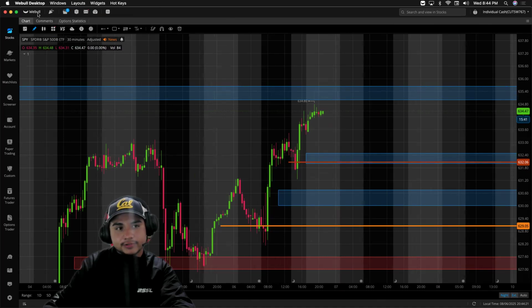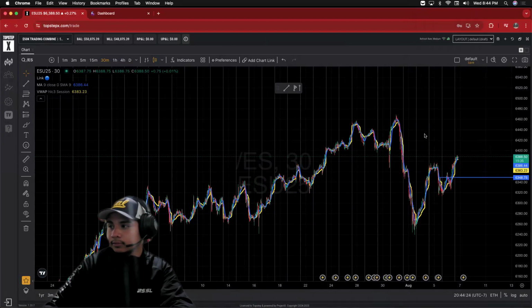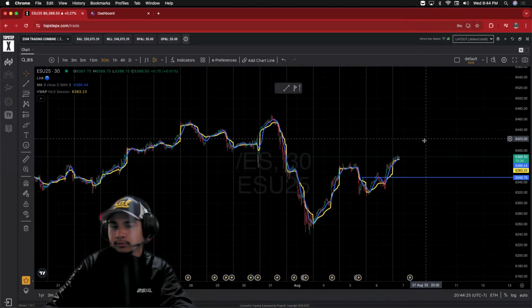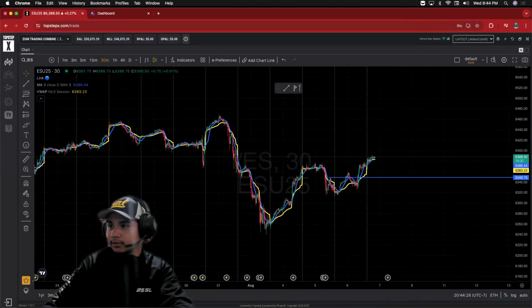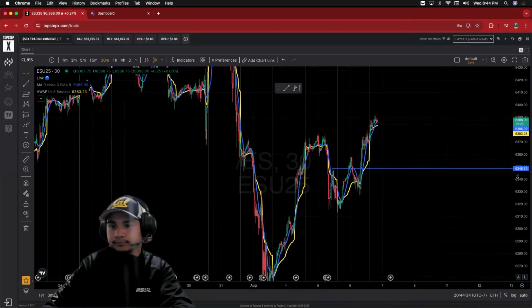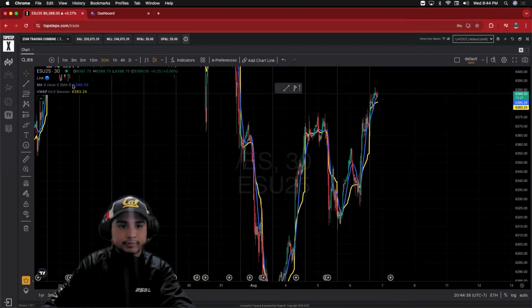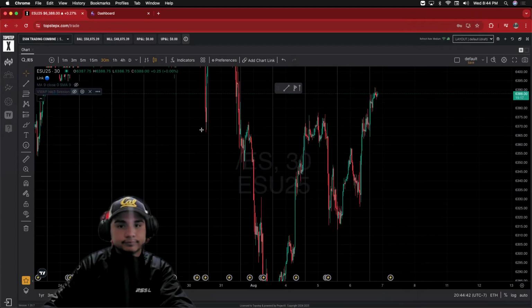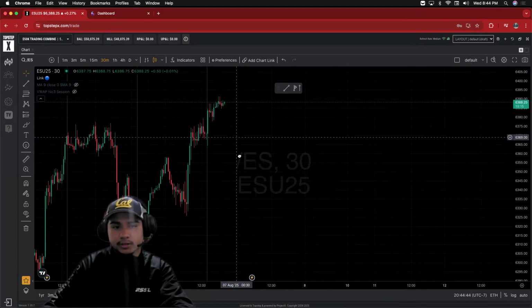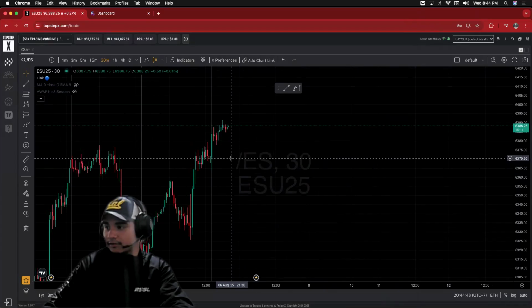So if I go over to, if I go here, take a look at ES, the possible areas that I would like to target, right? So I know in this area here, I have a zone.